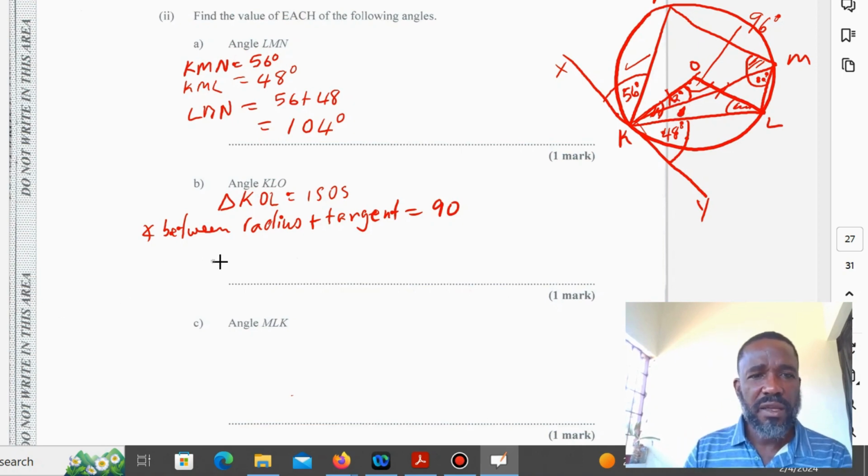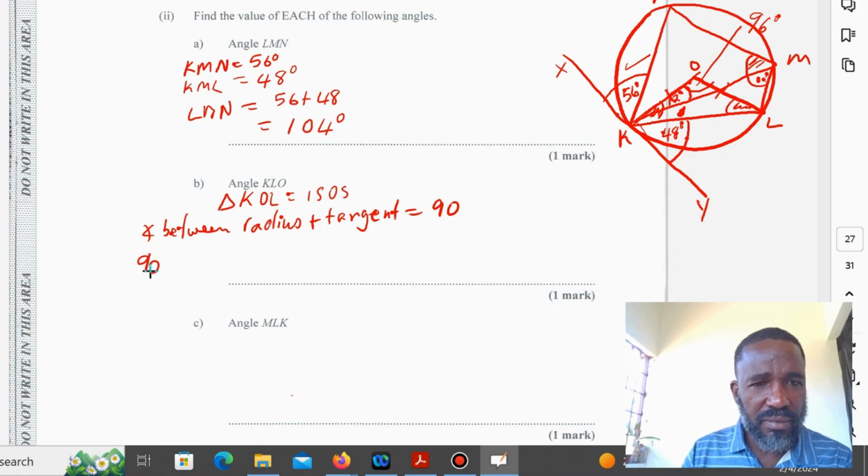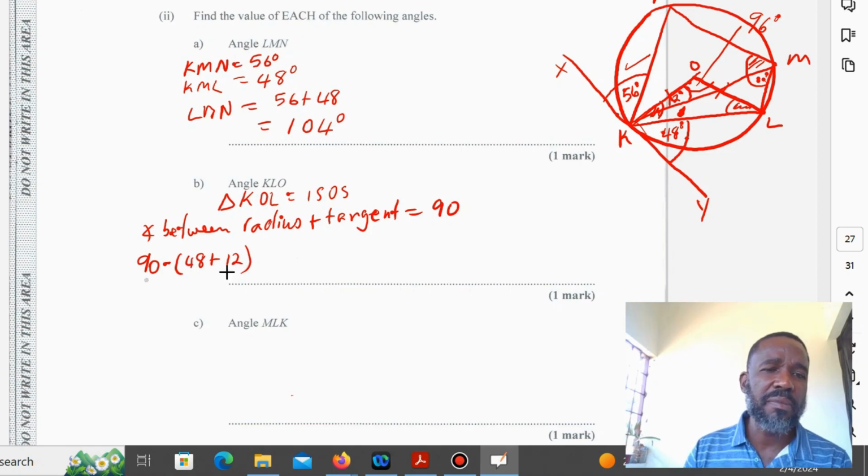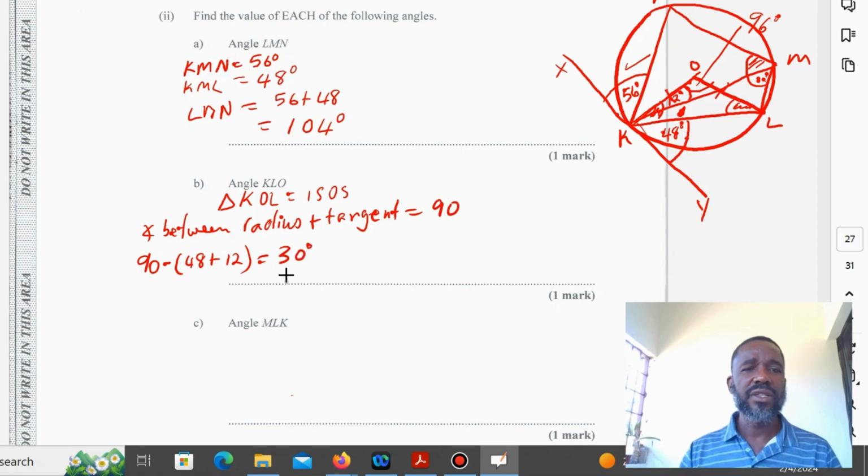How do we know that? Because 90 minus 48 plus 12, 48 plus 12, that's 60, 90 minus 60 is equal to 30 degrees. So therefore, this angle here is equal to 30 degrees.